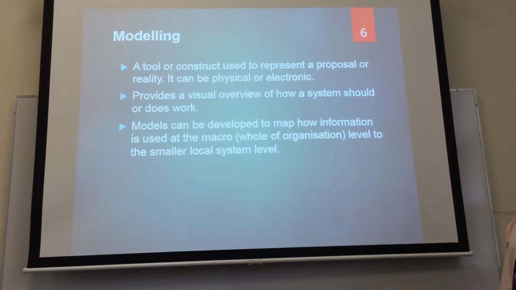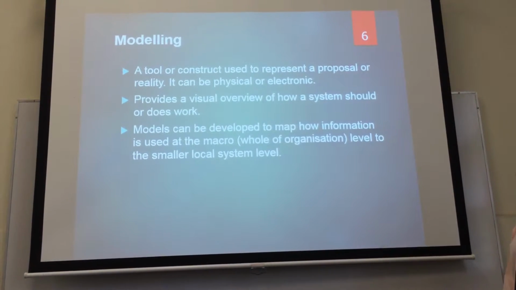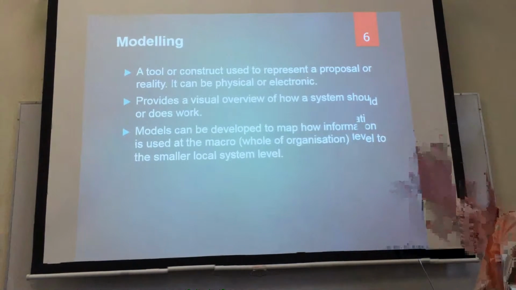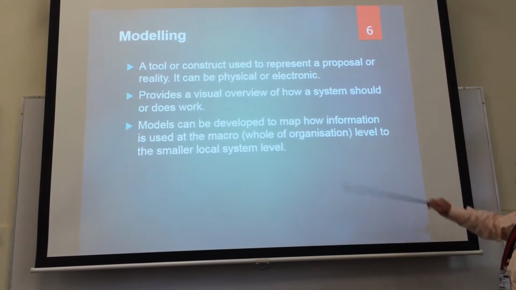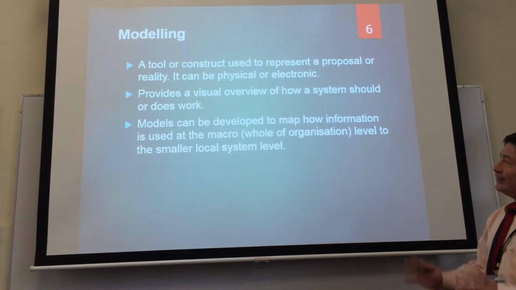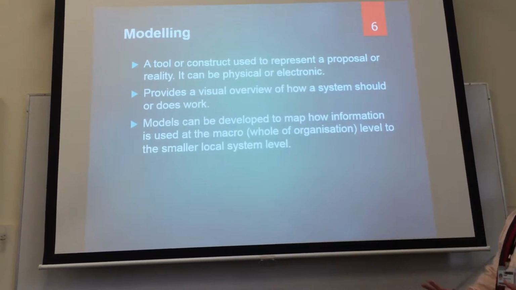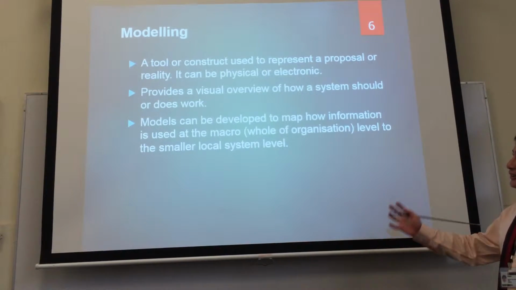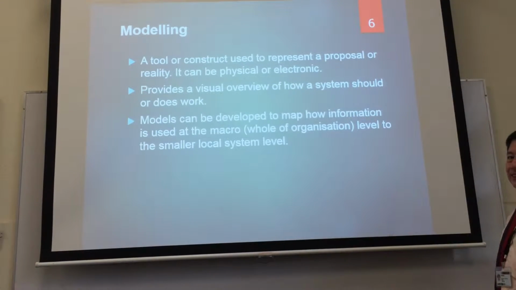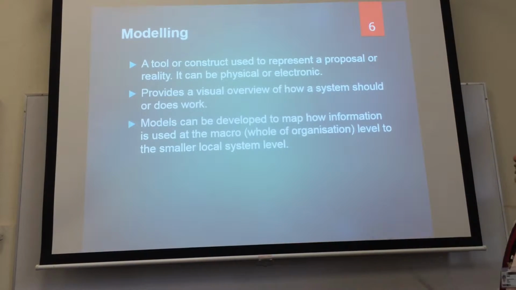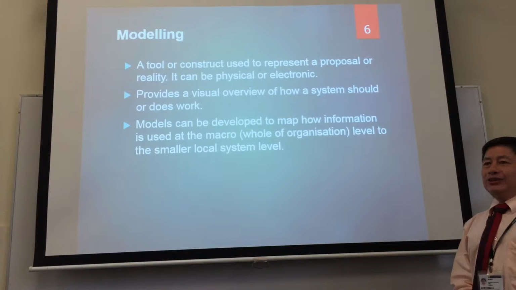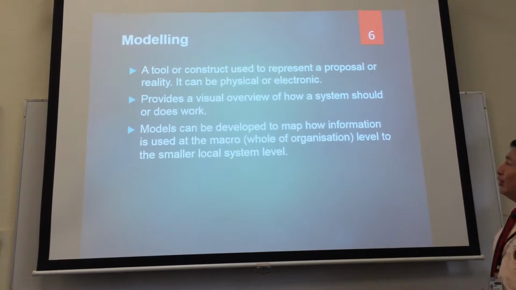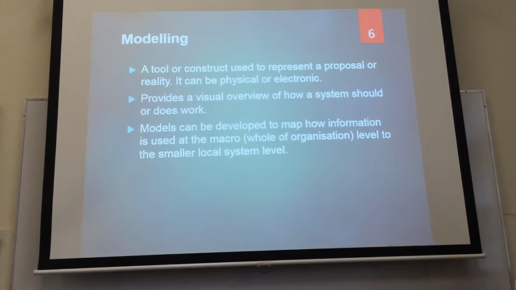I also emphasized the importance of modeling. What is a model? A model is something that you build, a construct to represent a problem, situation or scenario in reality. It can be a physical model, an engineering physical model or an architecture model, and you see so many of them in this building, or it could be an electronic model, an electronically generated engineering model on, let's say, AutoCAD and so on.